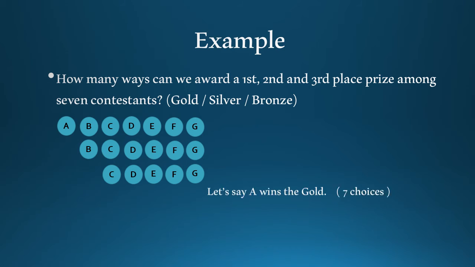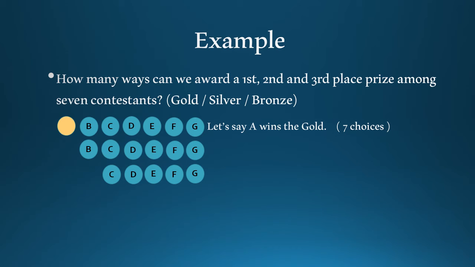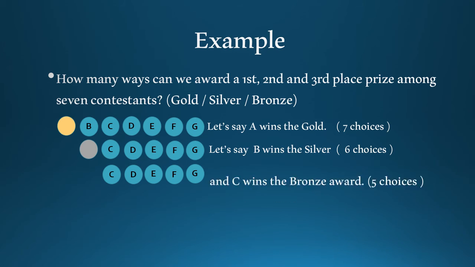Suppose, let's say A won the gold. So for the first award, which is the gold, we have 7 choices and we gave it to A. So now for the second award, the silver, we have 6 choices. Let's say B won it. Now we're left with 5 choices and let's say C won it.